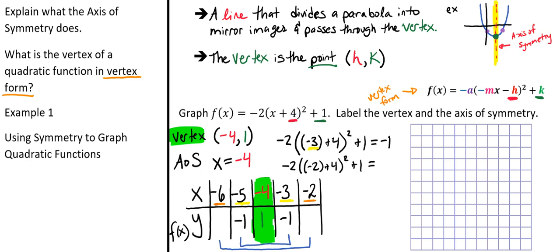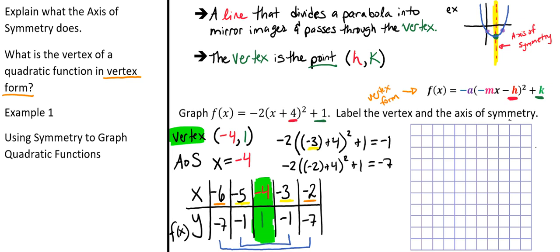The reason I chose -2 is because if I was to do this on my own without a calculator, working with a -2 might be a little bit easier than working with a -6. But let's go ahead and plug this into our calculator. And we're going to get a -7. So let's go ahead and plug that in. And now we have all of our symmetry and we're ready to graph.